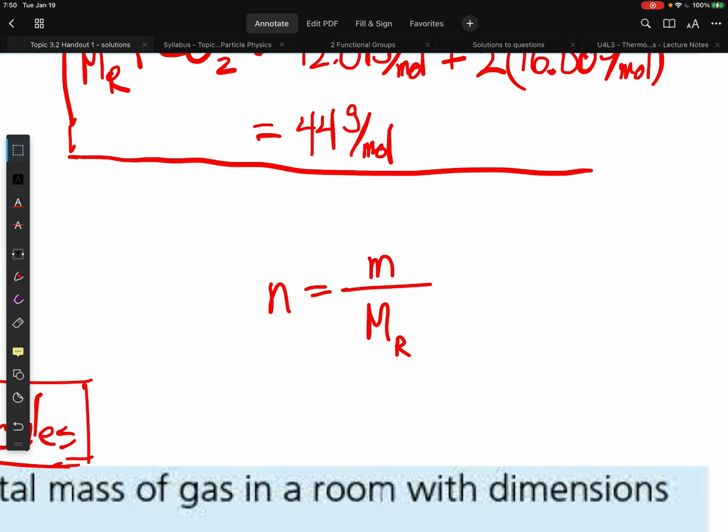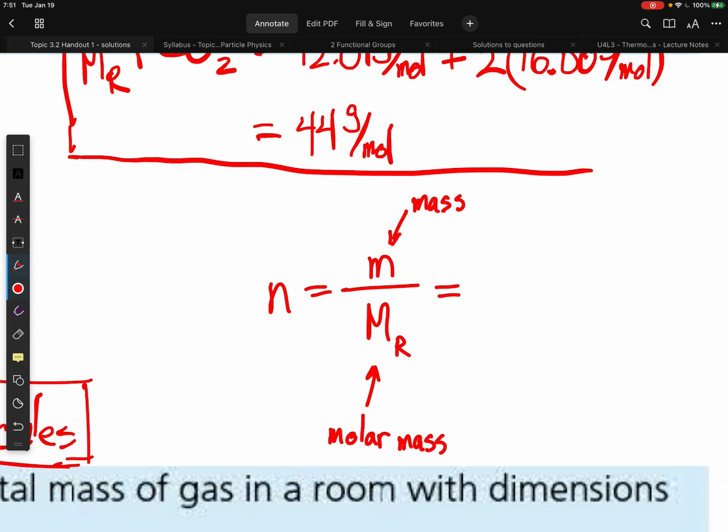Generally, you should assume that you will be given molar masses in a table or in the problem itself. So this is our mass, and this is our molar mass. Again, easy to calculate, but you need information that you're not given.